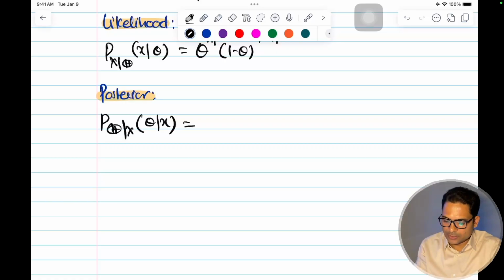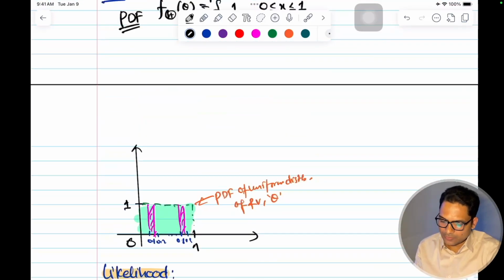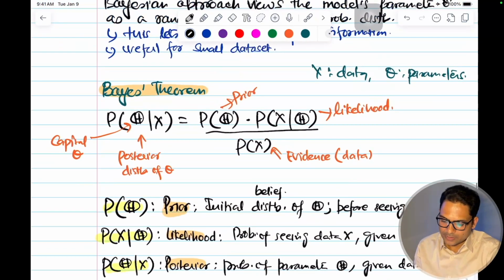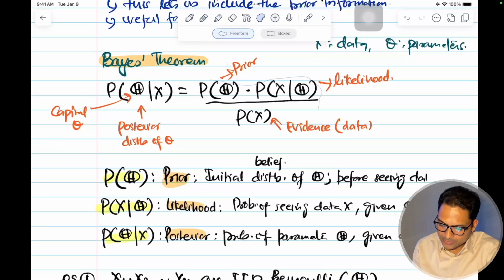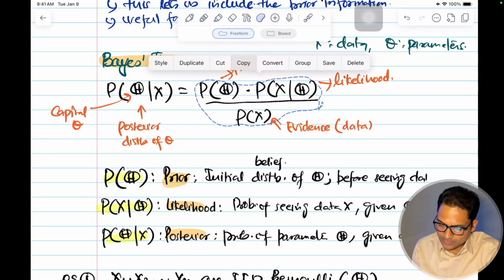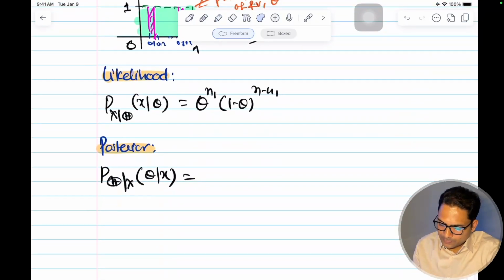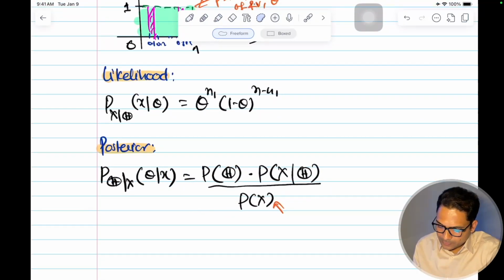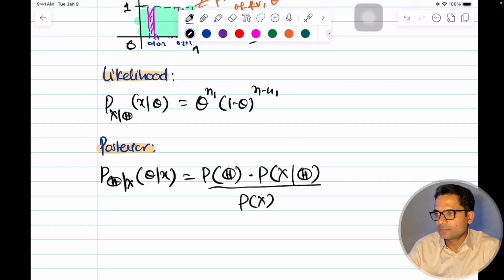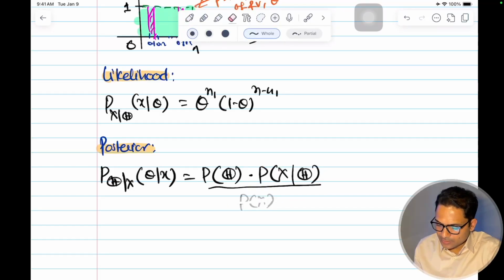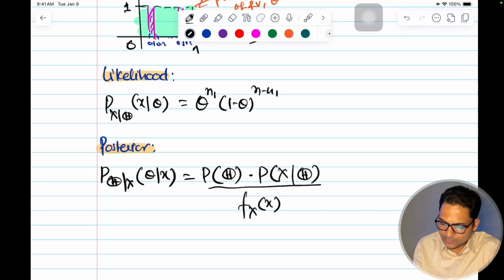will be given by the Bayes theorem formula. I'll take it from here, let me copy it. And here, since this is continuous, I'll write fx of x, my marginal.